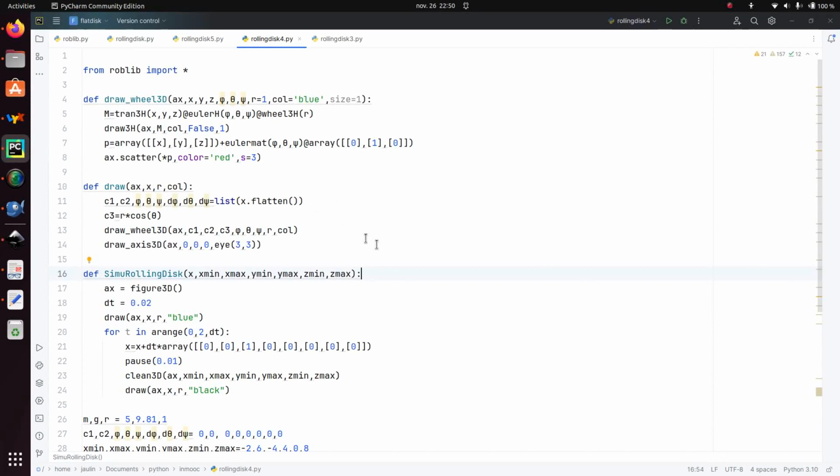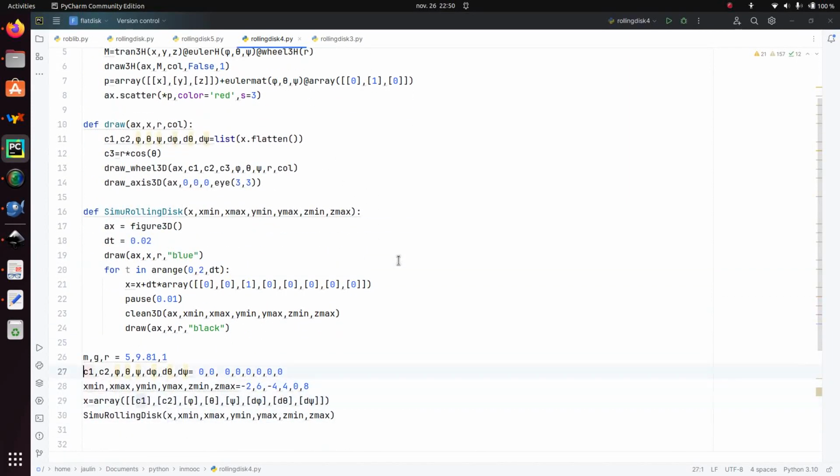Okay, so this is the program where I initialize the state as given here. I put my axis of the 3D frame here, and then I call the procedure simulator rolling disk just to check all is okay. So first I just change the third state variable which corresponds to phi.